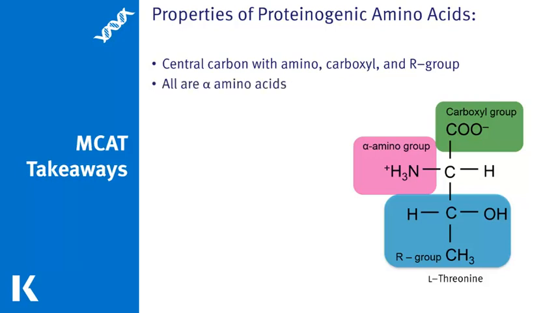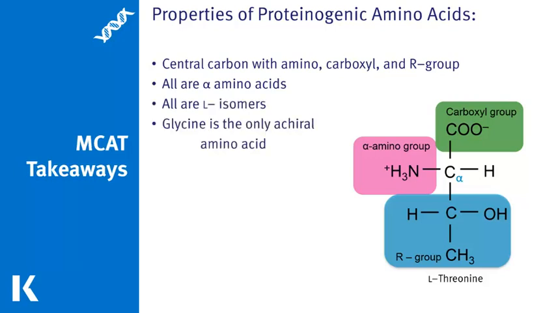All of these amino acids are alpha amino acids, indicating that the amino group and the carboxyl group are bound to the same carbon. And finally, 19 of the 20 amino acids are chiral amino acids. All 19 of those are the L isomer, and glycine is the only achiral amino acid because its R group is a second hydrogen atom.